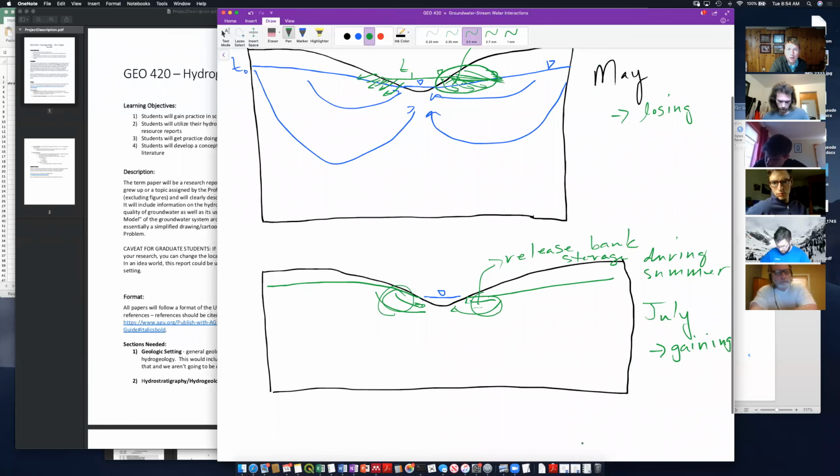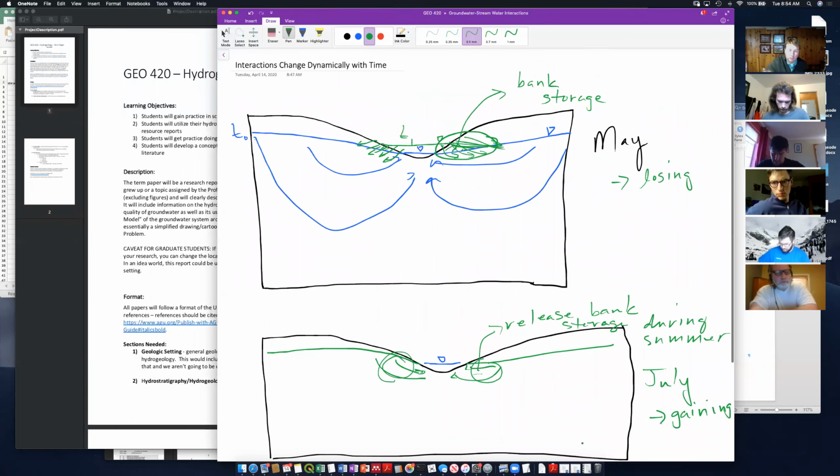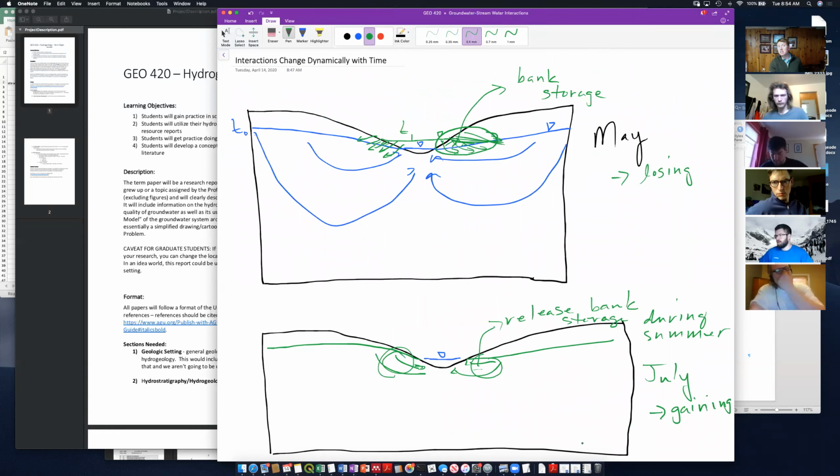But one thing, okay, so first of all, we expect whether the stream is gaining or losing to be very dynamic, all right? So for sure, we see this big seasonal change here in Montana, but in other places where you don't get snow melt, you still get storm-driven changes in gaining or losing, all right? So they change dynamically.